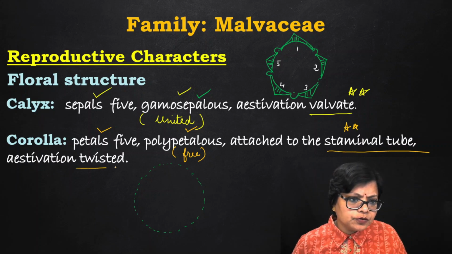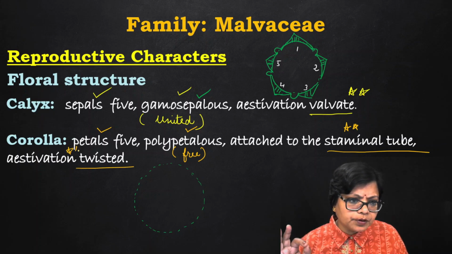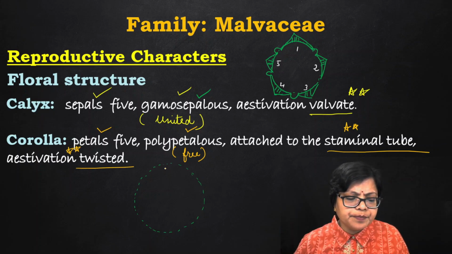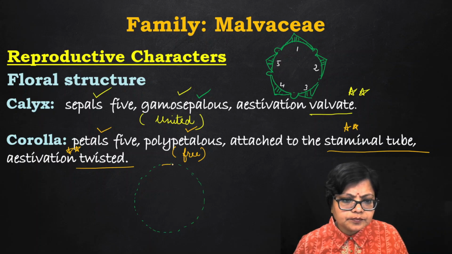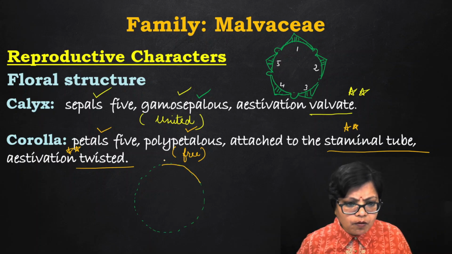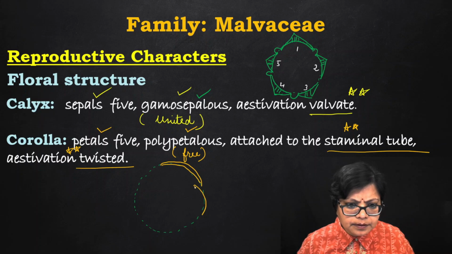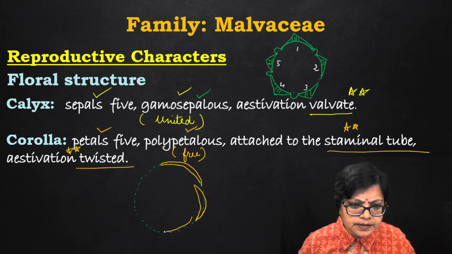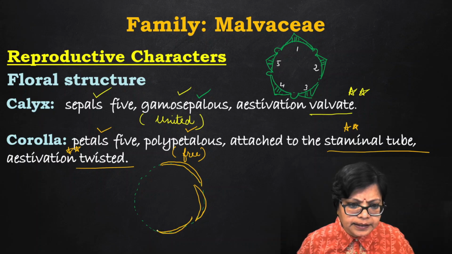Estivation twisted, another important point. Twisted means that the margins of each petal is overlapping the next one. That means one end is inside and the another end is outside.